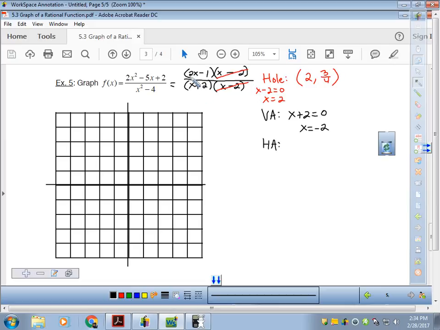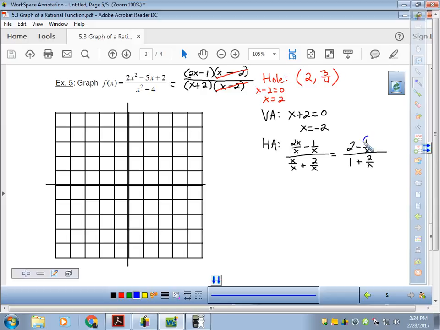So my highest power of x is x. So I'm going to have 2x divided by x minus 1 divided by x, over x divided by x plus 2 divided by x. And so that'll simplify to 2 minus 1 over x, over 1 plus 2 over x.